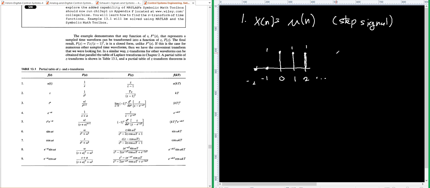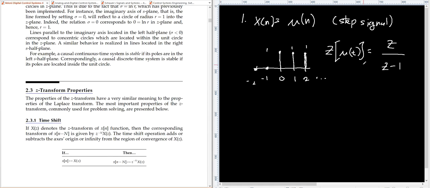As you can see here, the Z transform of a step signal is given as Z over Z minus 1. Sorry, this is N. Z of mu(n) is Z over Z minus 1.